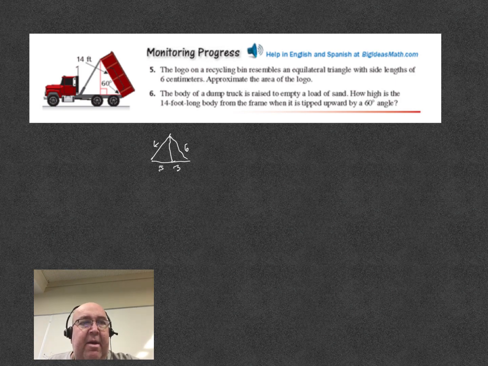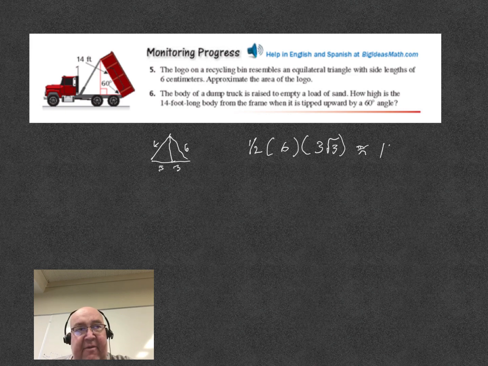So we're going to have 1/2 times the base, which is 6, times the height, which is going to be 3 square root 3, because the shorter side times the square root of 3 is equal to the longer side, and that's going to be about 15.59 square units. It was centimeters, square centimeters.